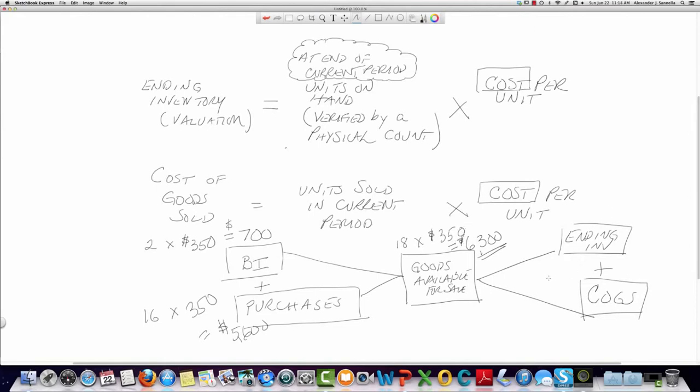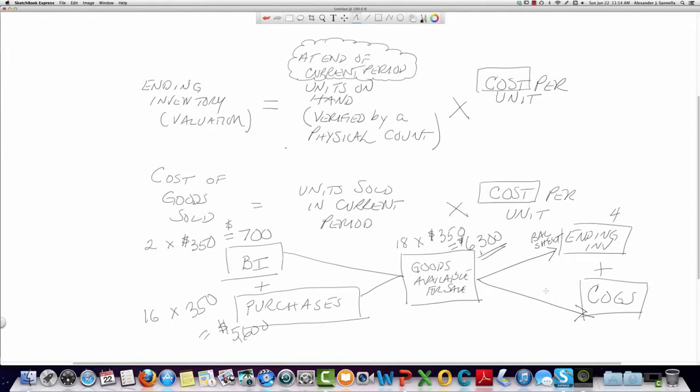Question is, how do you allocate that? Well, here it's very simple. And again, the allocation has to go to either, or both, I should say, ending inventory and the cost of goods sold. Now, this allocation is very simple because the unit cost did not change. Ending inventory, of course, affects the balance sheet.